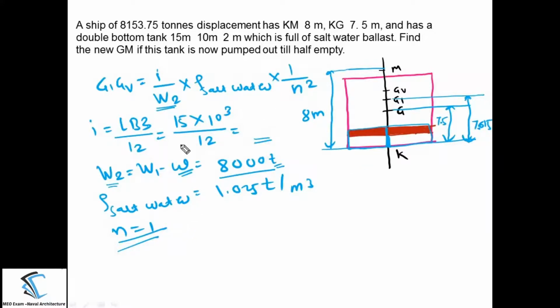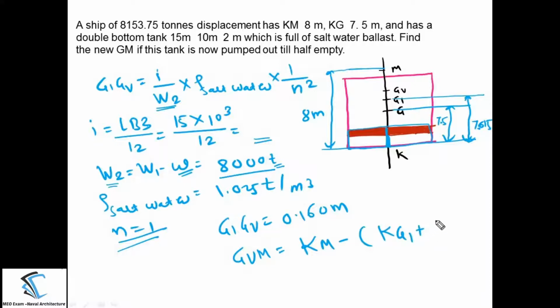If you substitute all these values here, you will get the value G1Gv is equal to 0.160 meter. Now if you want to calculate the new metacentric height, that is GvM, you can calculate it like this: Km minus Kg1 plus G1Gv.